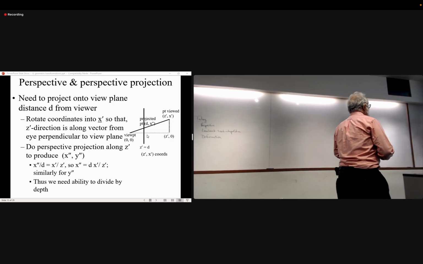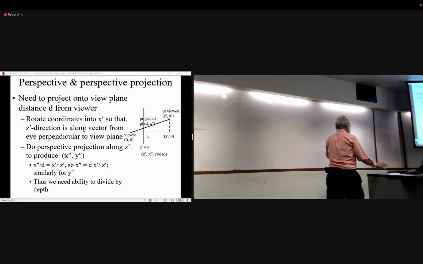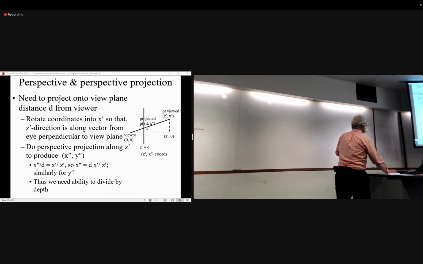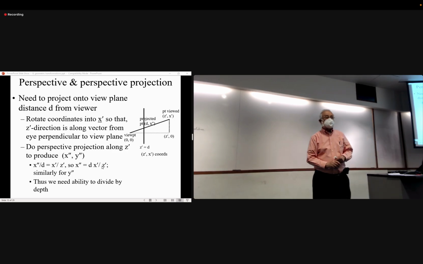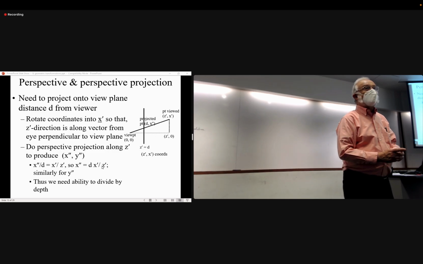If you work it out, you'll see that the position here, this distance, x double prime, satisfies x double prime equals d x prime over z prime. That is to say, we need to be able to divide by z prime.